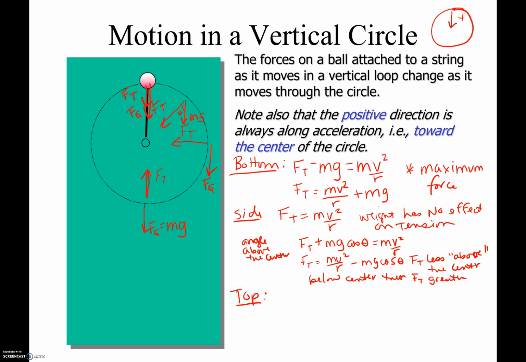So when I'm at the top, my equation would look like this. Force of tension plus the force of gravity, because they're pointing towards the center of the circle, so plus mg is equal to mv squared over r. So that means that my force of tension is the difference between that circular acceleration times mass and my weight, or the weight of the object.